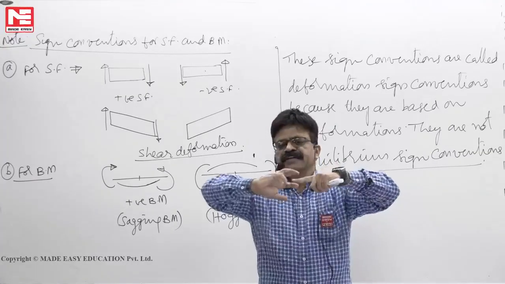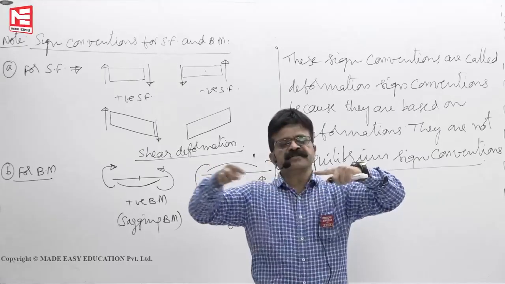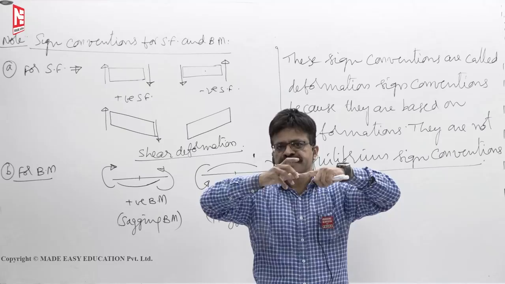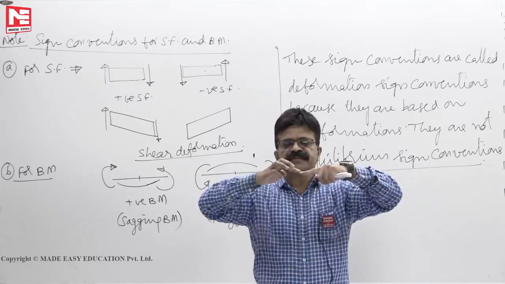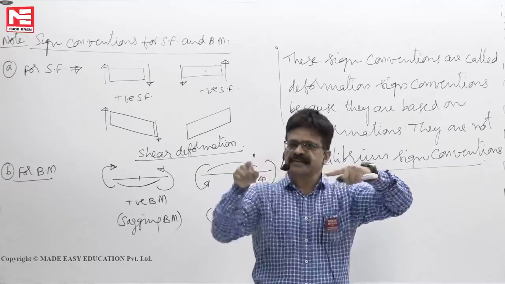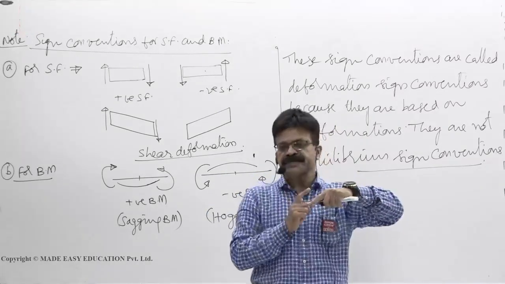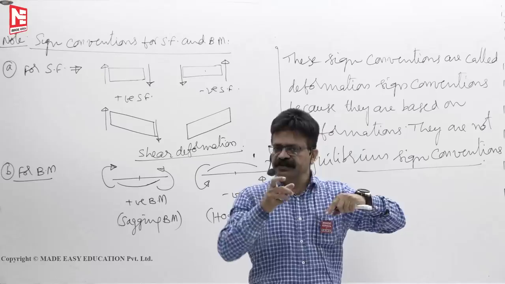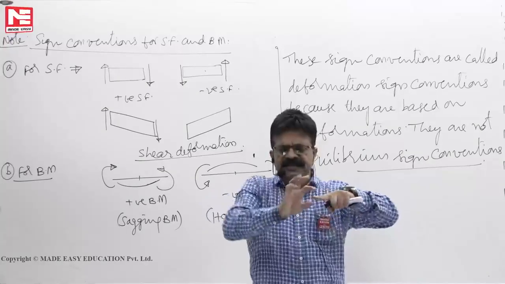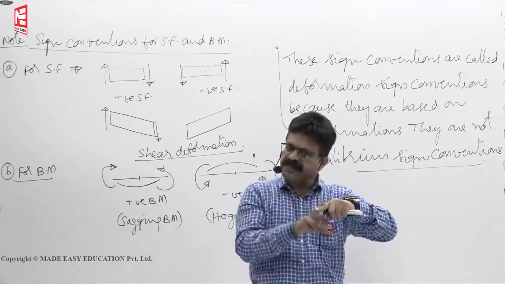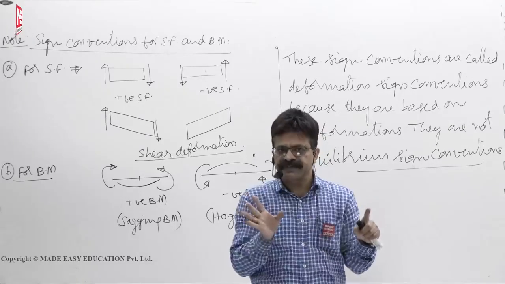Instead of applying moment like this, apply like this along the longitudinal axis of the member. How to decide? When you turn nut and bolt system, when you turn the nut, it will advance like this along the axis. That moment will twist the member. Then we call it as twisting moment. Depending on the direction of the moment, just by changing the direction, the behavior of this member or the stresses developed in the member are totally different.